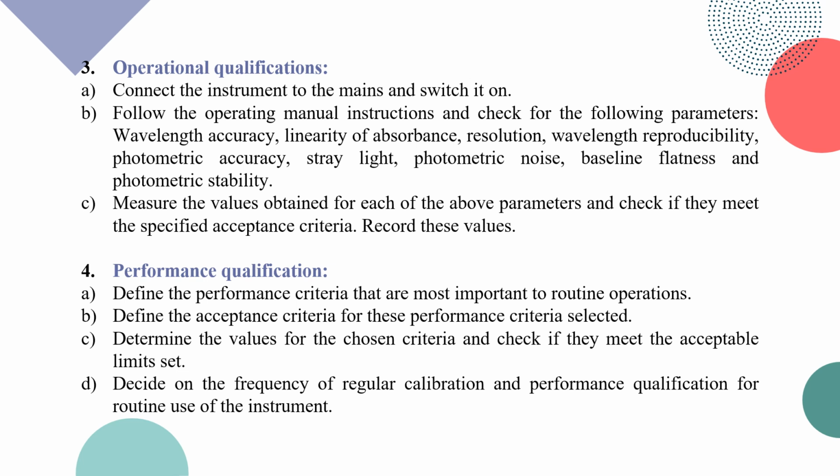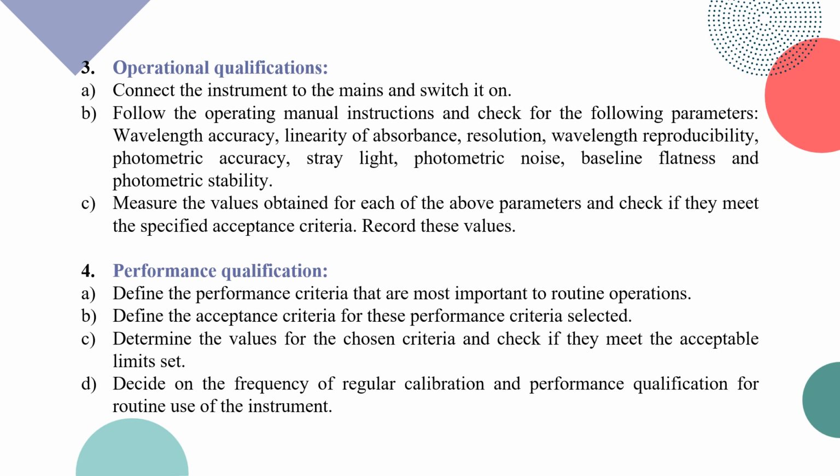Then we check parameters like wavelength accuracy, linearity of absorbance, resolution, wavelength reproducibility, photometric accuracy, stray light, photometric noise, baseline flatness, and photometric stability. After that, we measure the values obtained by the instrument and check them against the standard to see whether the instrument gives values as per the standard.